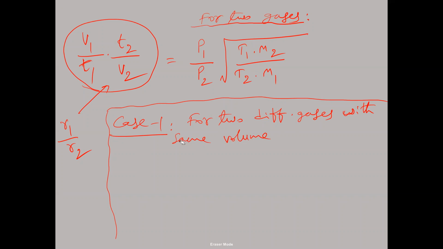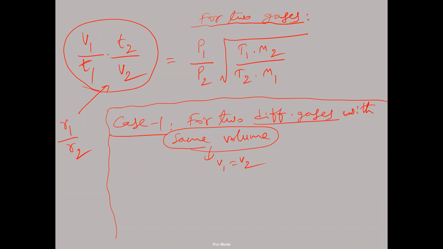The volume is the same for the two gases, but they are different gases, which means the gram molecular weights M1, M2 will be different values. Same volume means V1 is equal to V2. Both will be the same. So in the formula, what can we write now?